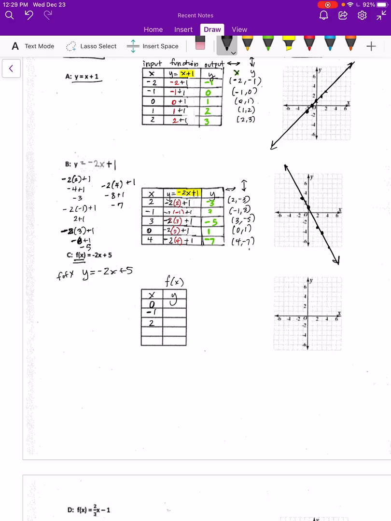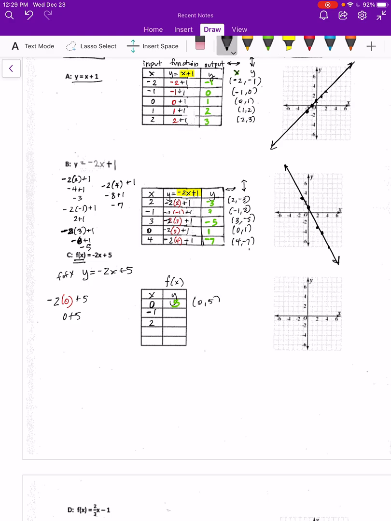I'm going to do mine. Notice I went back to a 2-column table, so I have to do my work off to the side. So -2 times 0 plus 5. -2 times 0 is 0, and 0 plus 5 is 5. So that makes my point 0, 5.